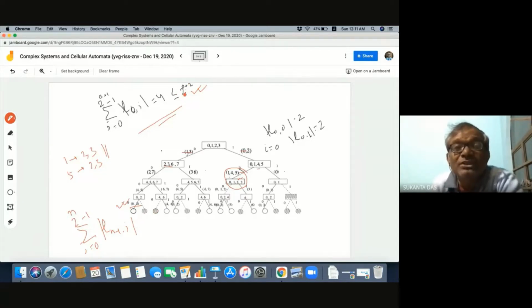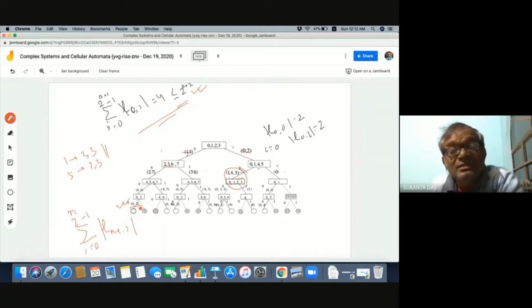According to this argument, if I put n minus 1 here, I'll get 2 to the power n plus 1.